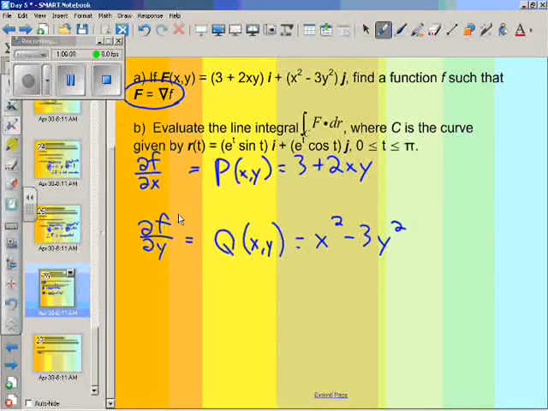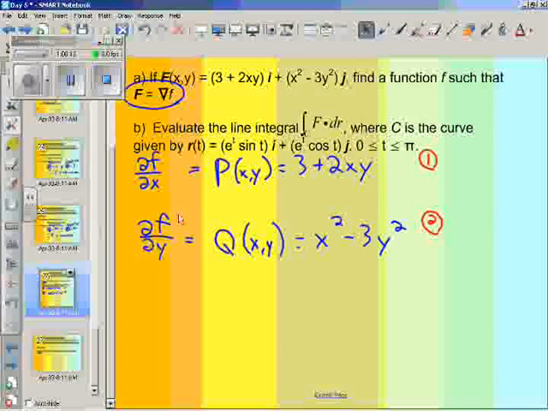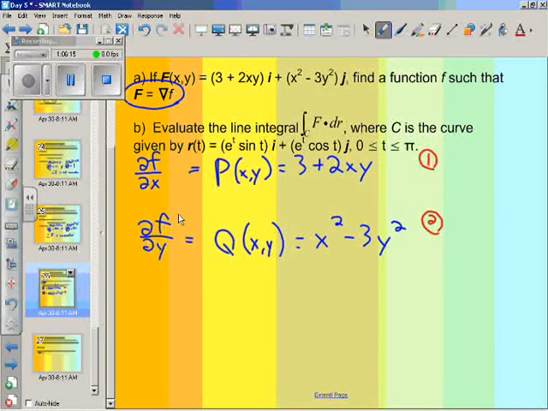Okay, so let's pretend this is equation 1 and this is equation 2.